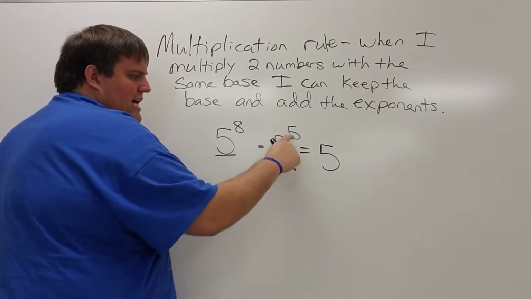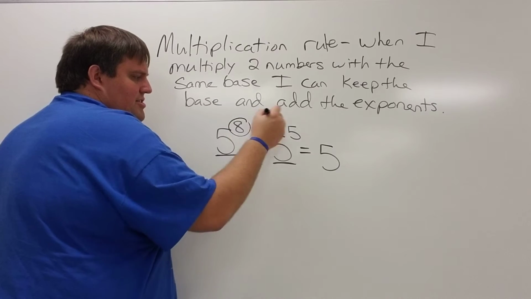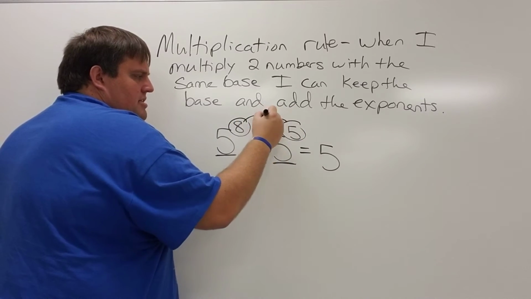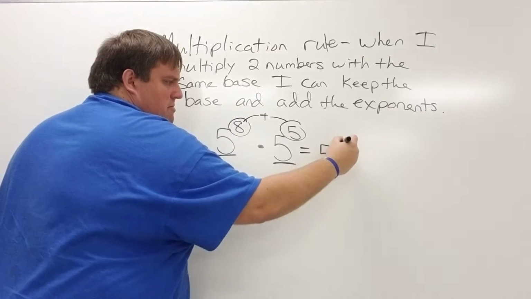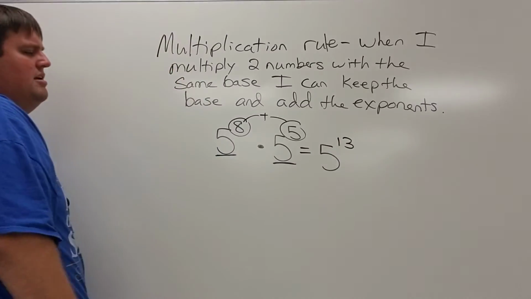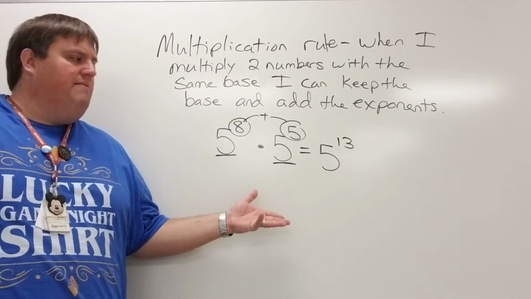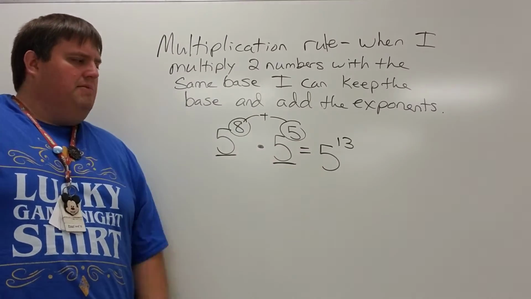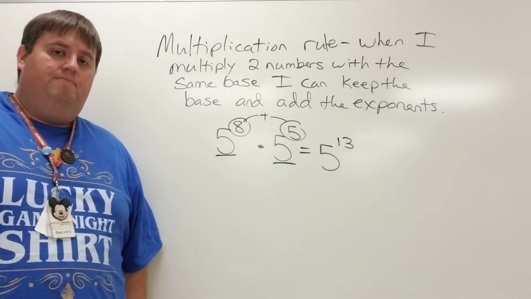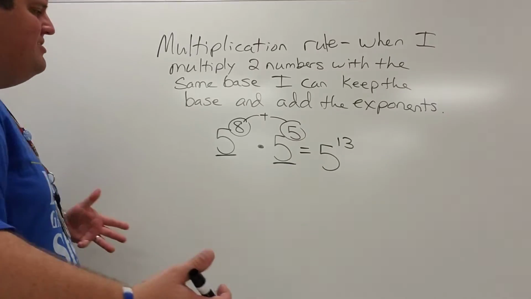But I'm going to go to these exponents and I'm going to add those two things together to give me my new exponent of 13. So whatever 5 to the 8th times 5 to the 5th is, it's going to be the same thing as 5 to the 13th.